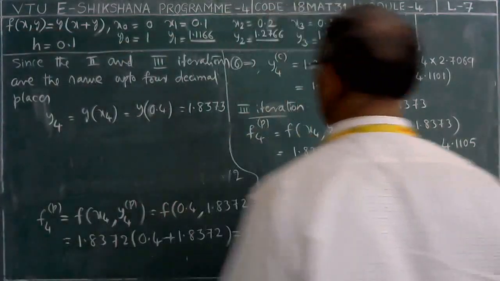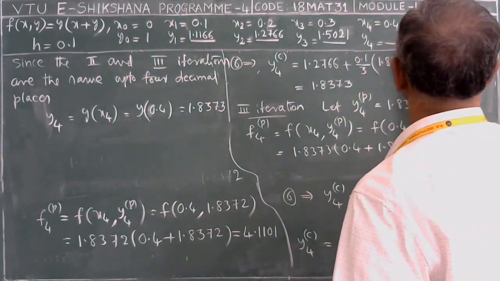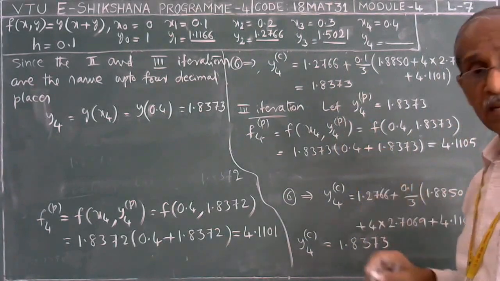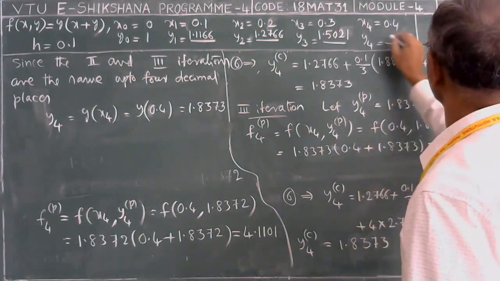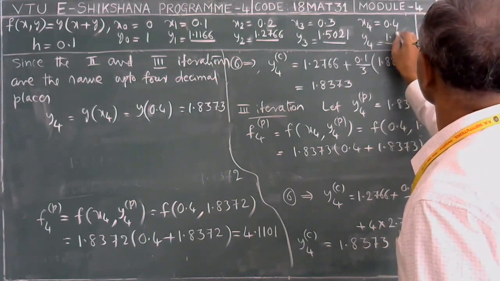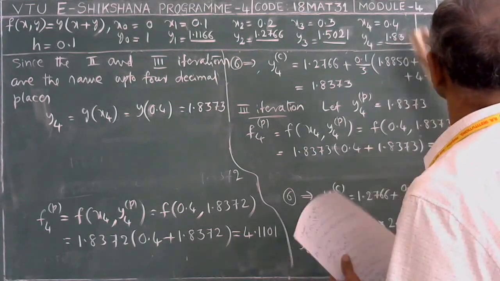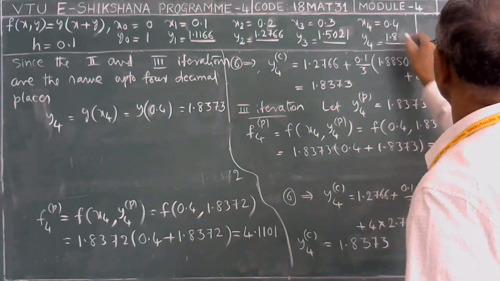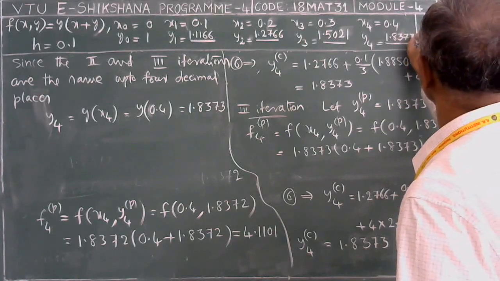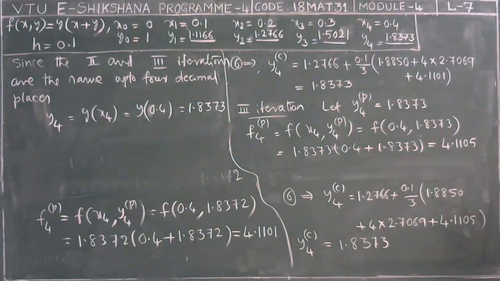So I got the approximate value of y at x is equal to 0.4 by Milne's predictor corrector method as 1.837. Now this completes this problem.